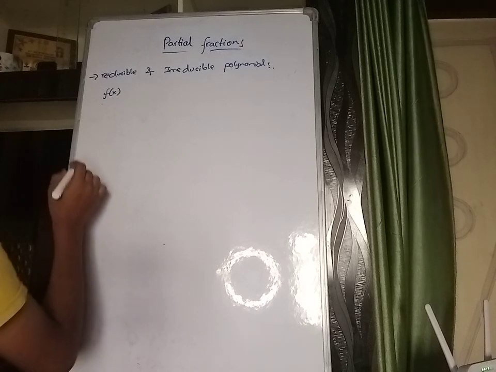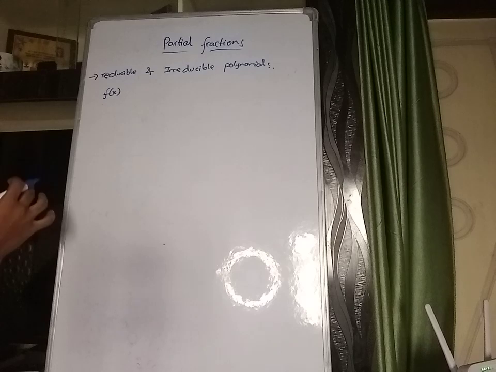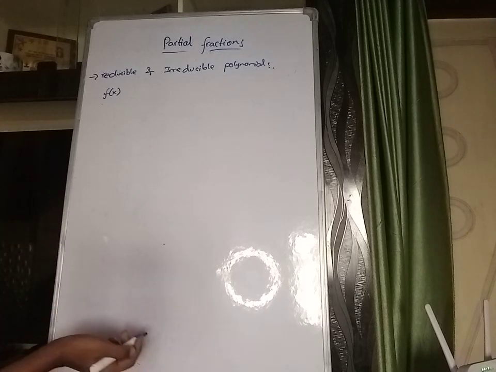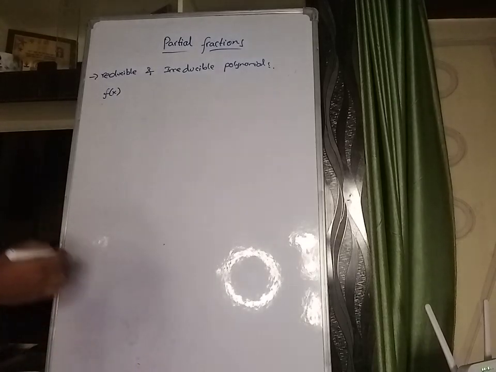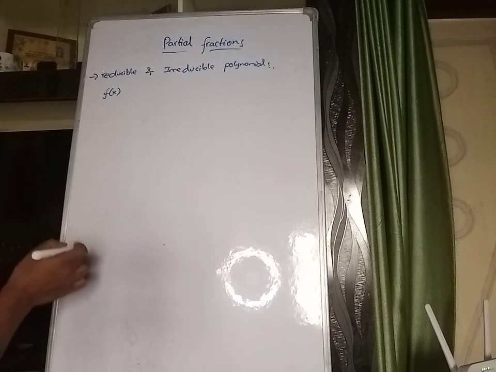And a reducible polynomial is a polynomial f of x that can be expressed as a product of two or more polynomials.